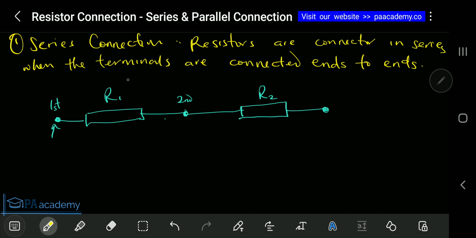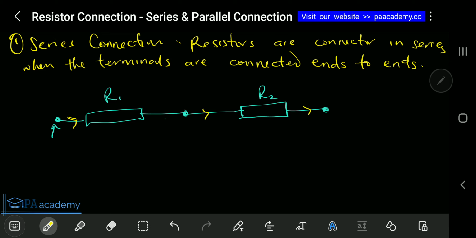So if we have current flowing in this direction, and then we have current flowing in this direction. Another thing you also need to take note of about series connection is that the current flowing through R1, the first resistor, is the same as the current that will flow through the second resistor.